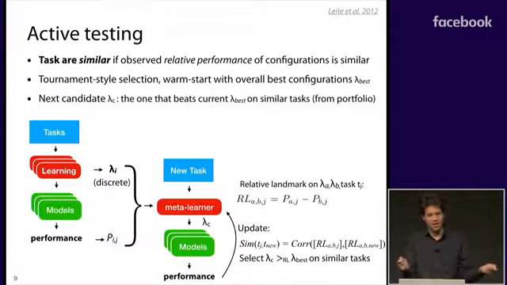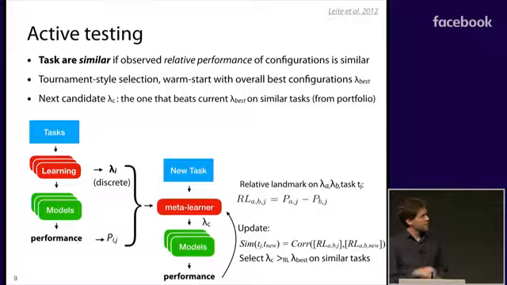So if two tasks have the same performances for similar configurations, then those tasks must be somehow similar to each other. Right? And one way of expressing this is with these relative landmarks. You just remember the performance differences between two configurations. And if two tasks have correlating relative landmarks, then those tasks are likely similar. Right?